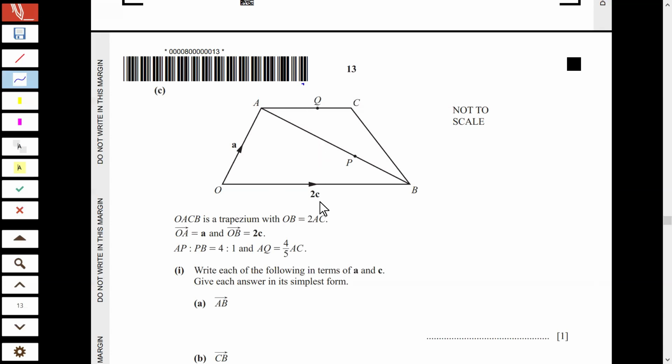So if OB is 2C, then AC is going to be C. Okay? And vector OA is A. Vector OB is 2C.